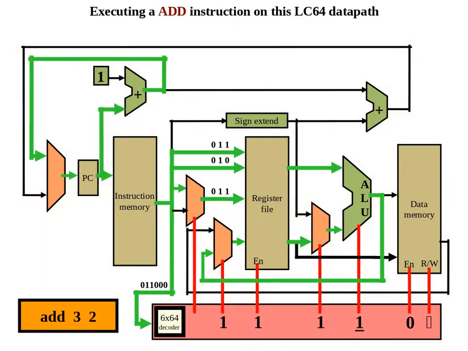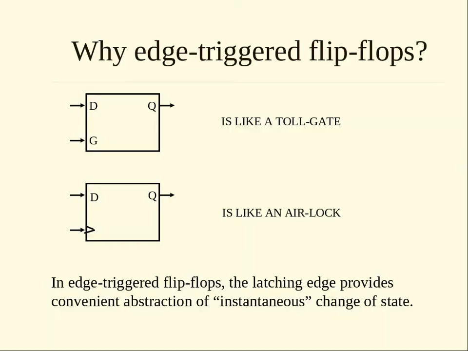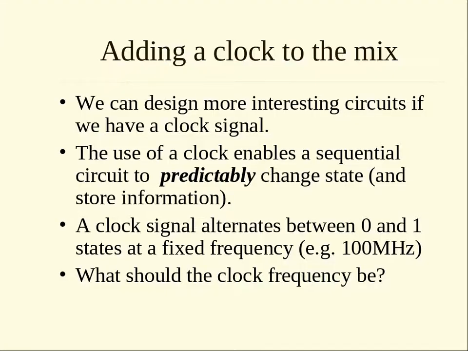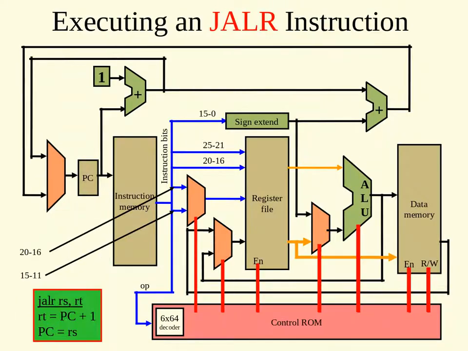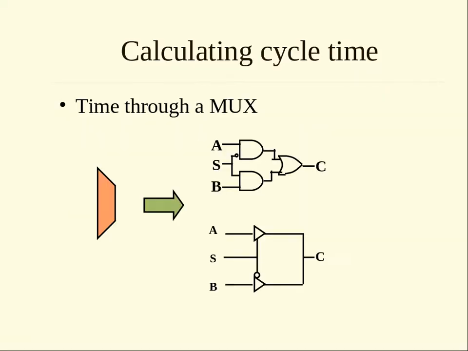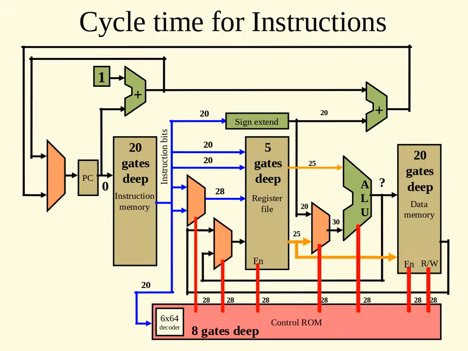Let me see if I have a picture of that. Sure don't. Okay. So we're going to skip ahead, because I know I do. We'll say the instruction memory is 20 gates deep. Looks like these muxes were 8. Then we got to add the ALU.